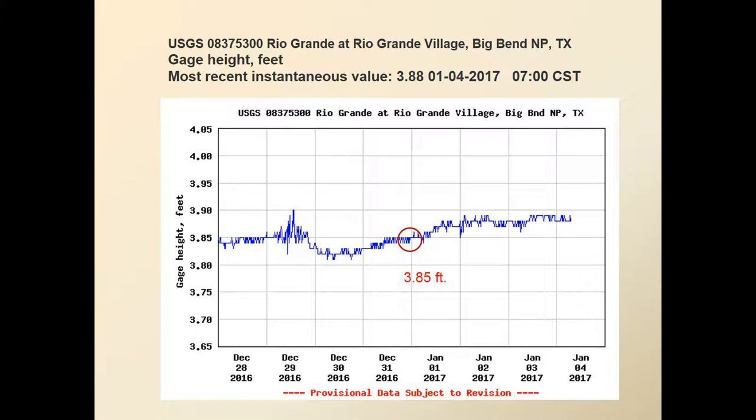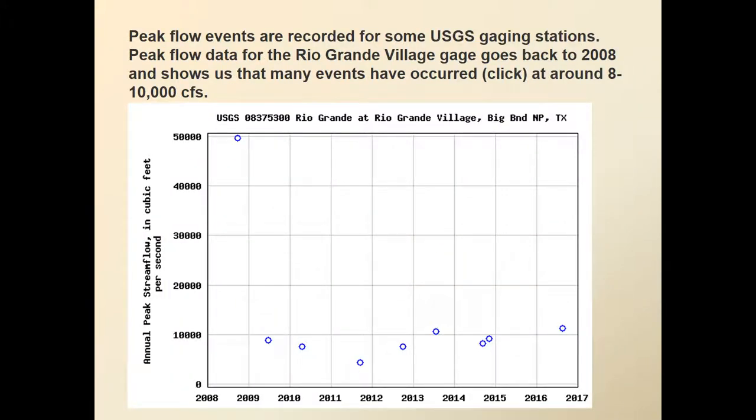From the USGS gauging station site, historic data for a given station can also be examined, as well as some of the water quality data. This illustrates peak stream flow.